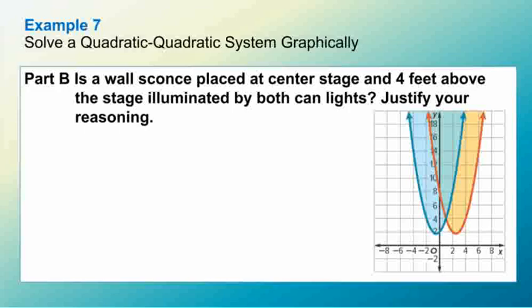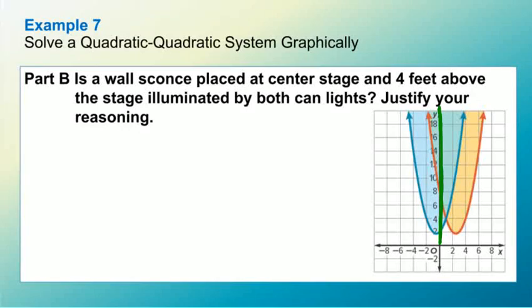Now part B says, is a wall sconce placed at center stage and 4 feet above the stage illuminated by both can lights? Justify your reasoning. Center stage would be the y-axis. If I draw a line here, that's the center stage.